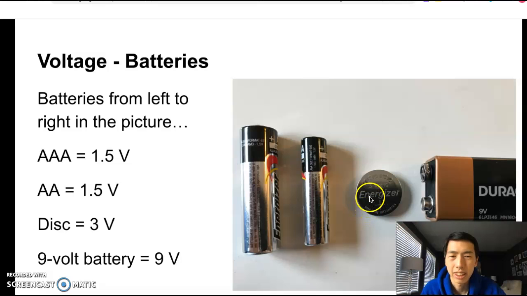And this says 3 volts. Okay, so that's how much energy that's being provided to each unit of charge in a circuit connected to the disc battery. And then we have 9-volt batteries, which, as the name tells you, they provide 9 volts. So that provides a lot more energy than these other batteries.